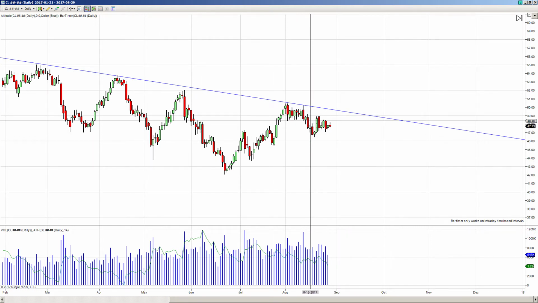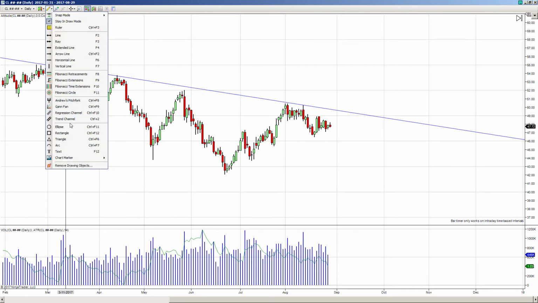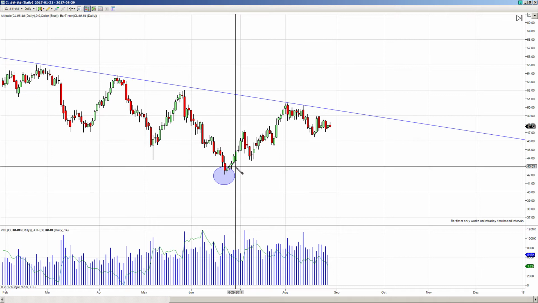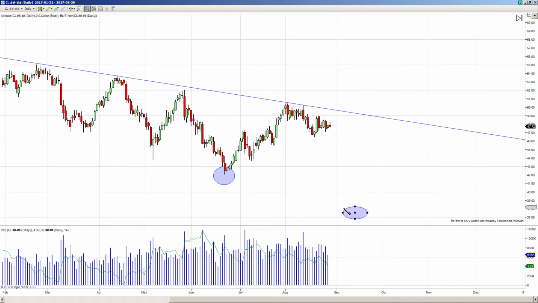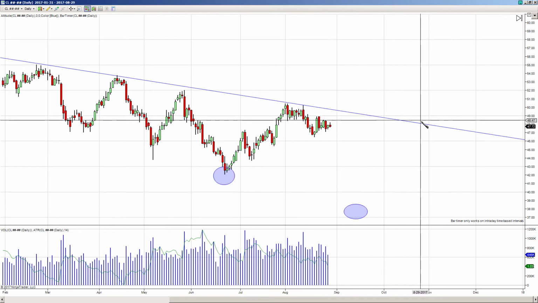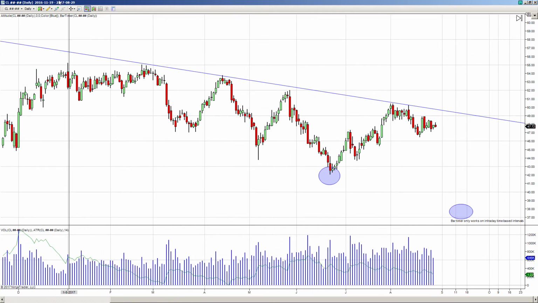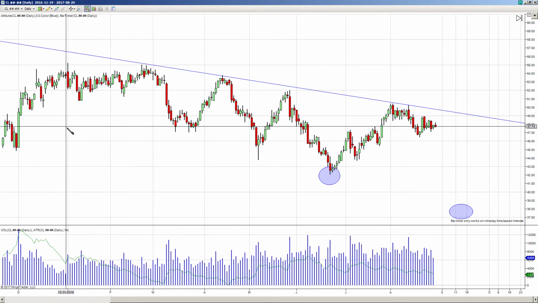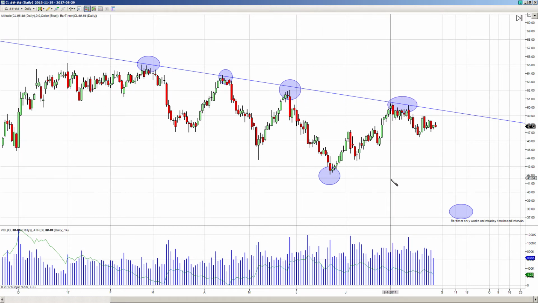The expectation of the sellers is that the market will again break this low, and not that the market will just run down to nowhere, but they expect it to break the low, reverse, and then again possibly retest.